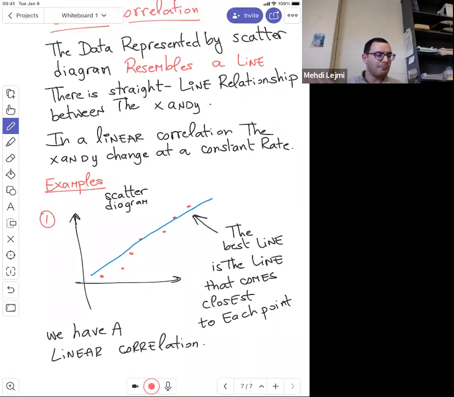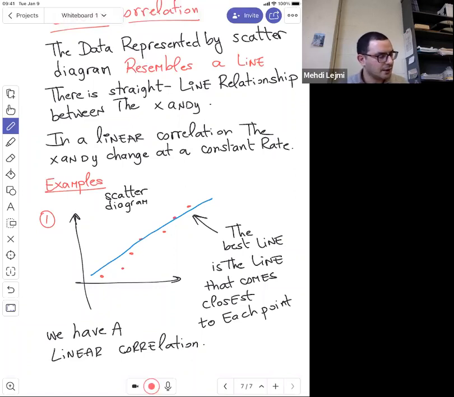Your line is going up, right? It's not perfect because not all the points lie on this line, but most of the points are very, very close to this blue line.